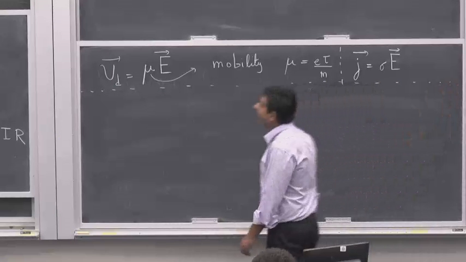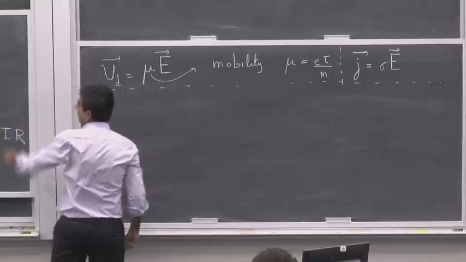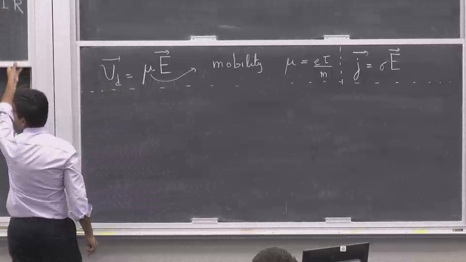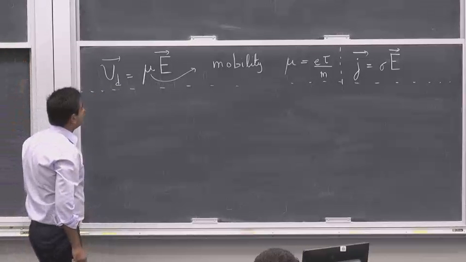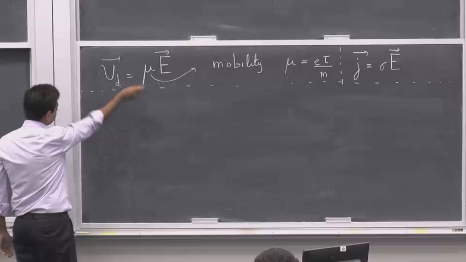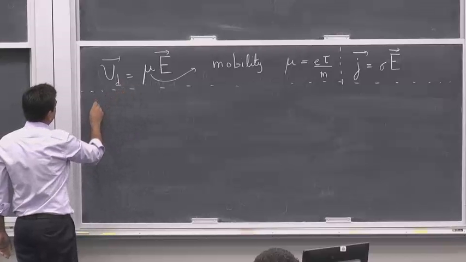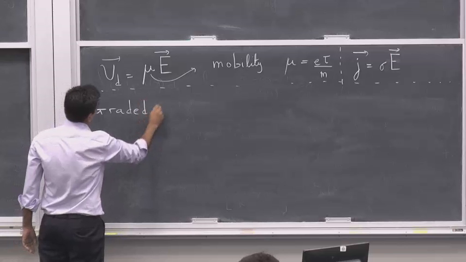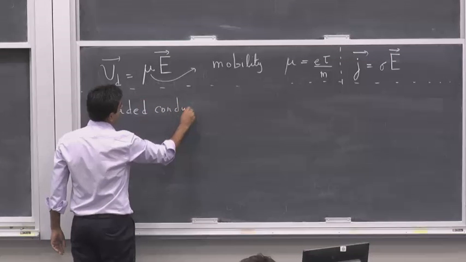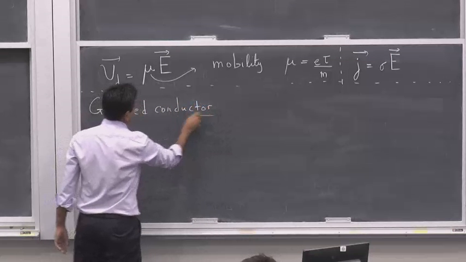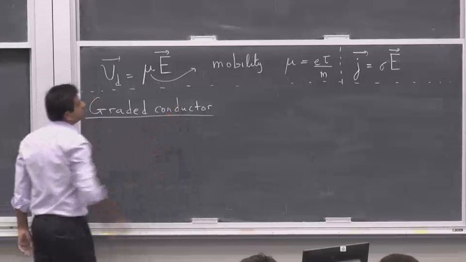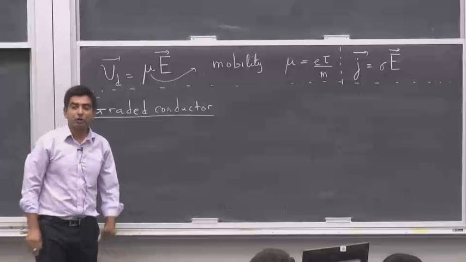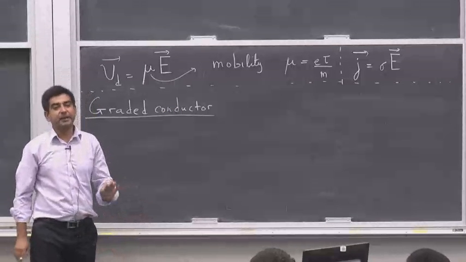Now suppose I would like to talk about electrical feedback, as you know. Suppose I have a graded conductor. Remember, without further ado, I'm going to talk about metals. My conductors are metals.